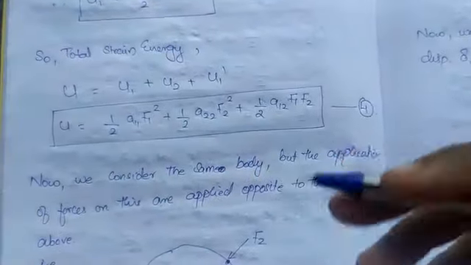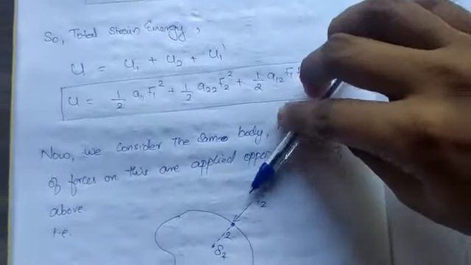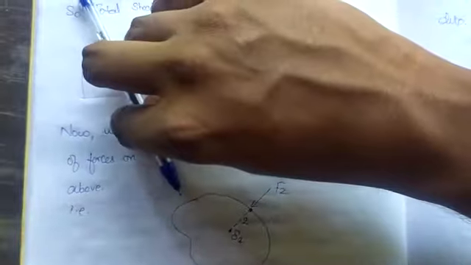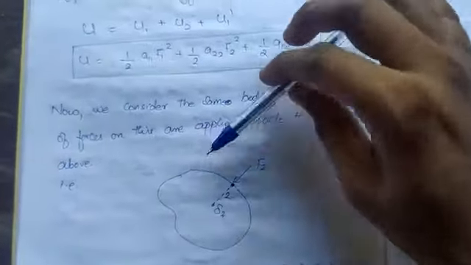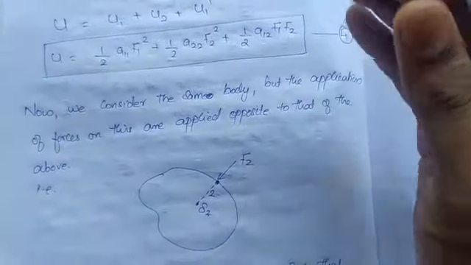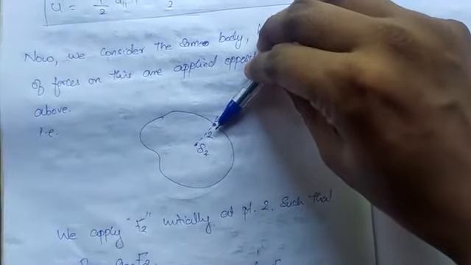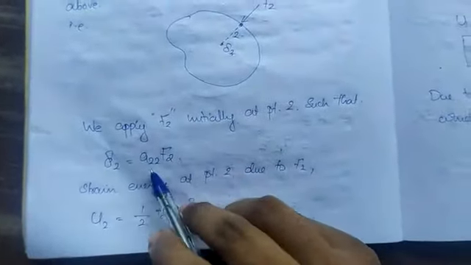Now if we consider that the forces are applied in the reverse order, that means first we apply the force F2 at point 2 and then we apply the force F1 at point 1. If we do it either way, the total strain energy or the work done should be the same. First we apply force F2 at point 2, which makes a displacement delta 2, that means delta 2 is equal to A22 F2.